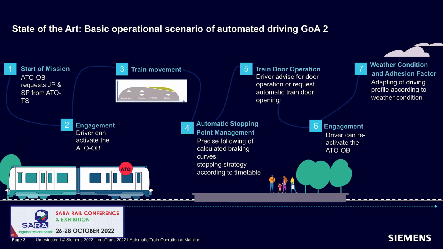At first, the start of the mission. That means the system sends to the ATO onboard unit, which is a little computer inside the train. And this computer requests the journey profile. That means the time schedule and the meeting points, so that the train can follow the different milestones automatically. And it needs the section profile.